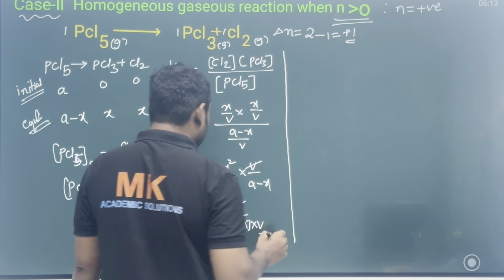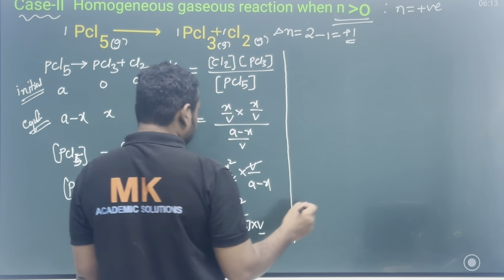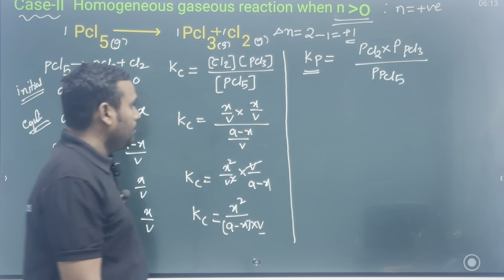Now let us express the Kp for this. So how we are going to write the Kp? Kp is equal to partial pressure of Cl2 into partial pressure of PCl3 by partial pressure of PCl5.